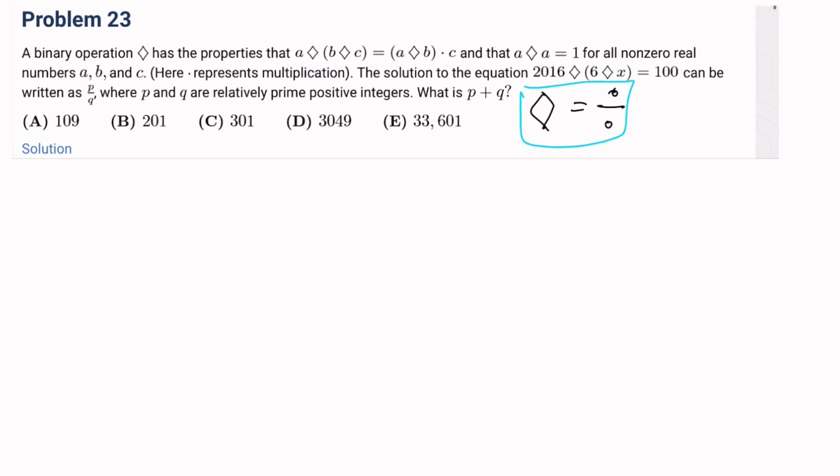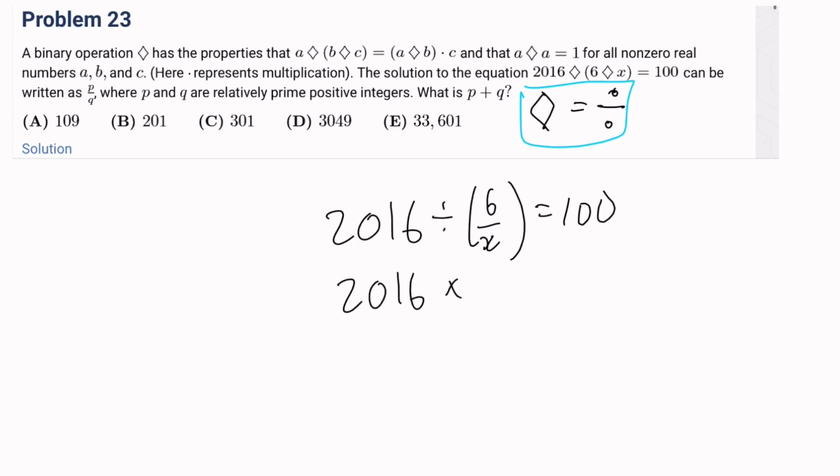And so we can just replace this diamond sign with the divided by sign, and so to calculate this, we have 2016 divided by 6 over x, right? This equals 100, and so 2016 times x over 6 equals 100, so x equals 600 over 2016, right? And this is, let's try to divide by 6, right?